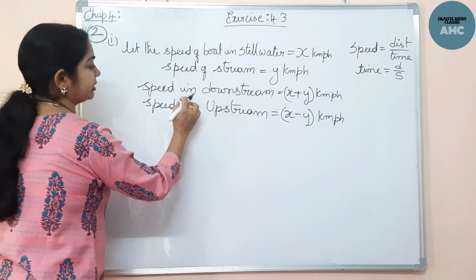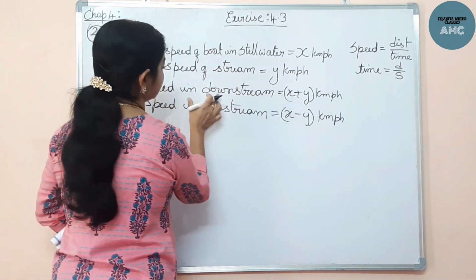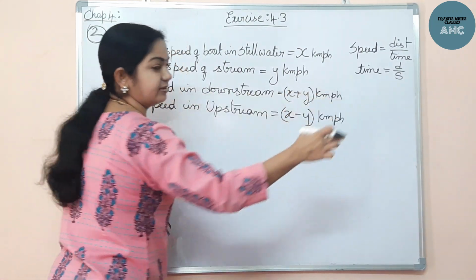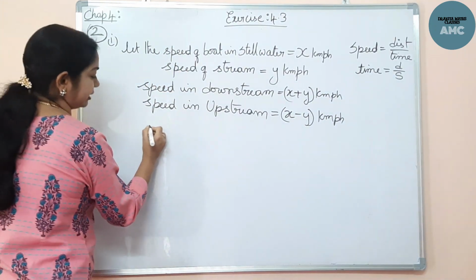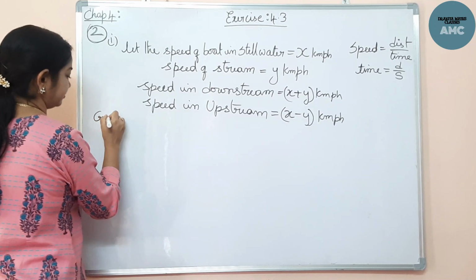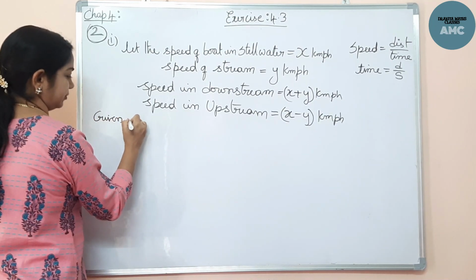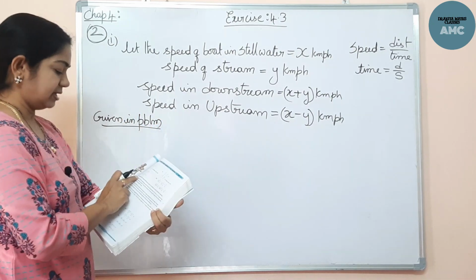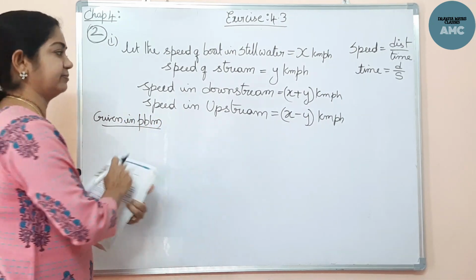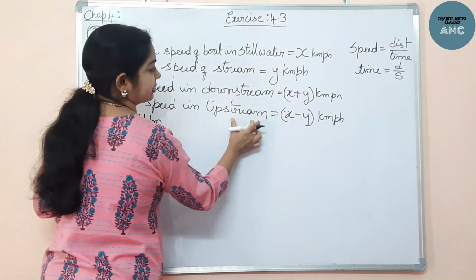The distance here is given as 30 kilometers. What is it given as? 30 kilometers upstream. So upstream here 30 kilometers.